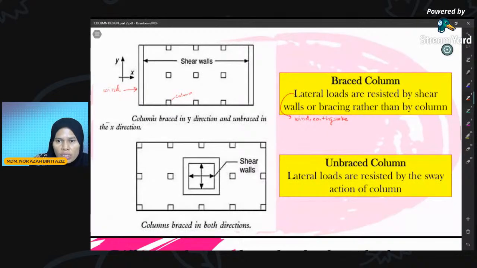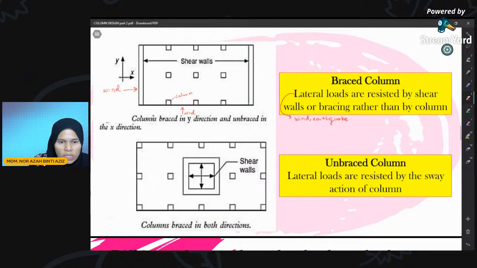Let's say there is a wind from here. The wind or lateral loads are resisted by the sway action of the column. The wind will be resisted by the column itself, because there is no shear wall here. So the column is braced in y direction, unbraced in x direction.